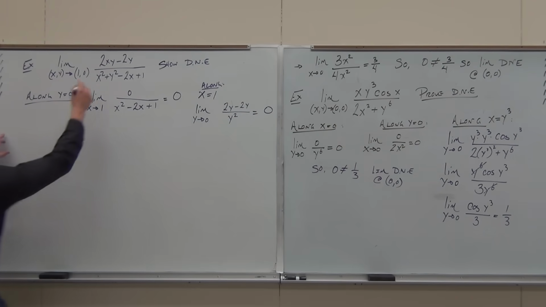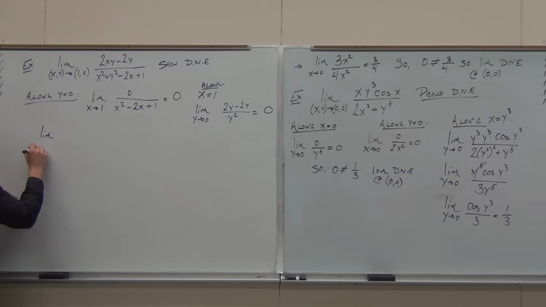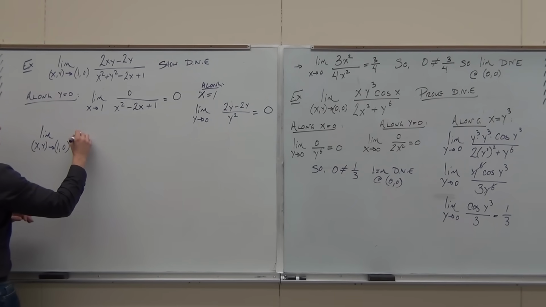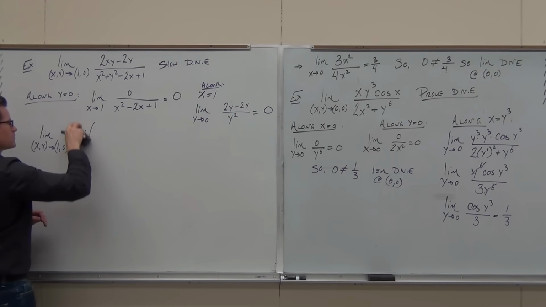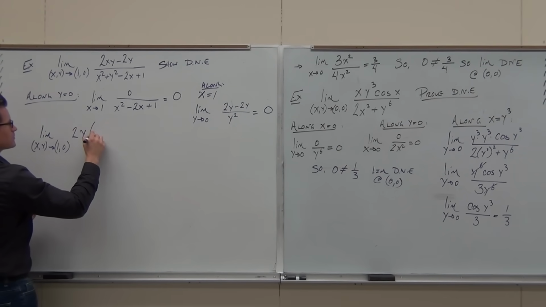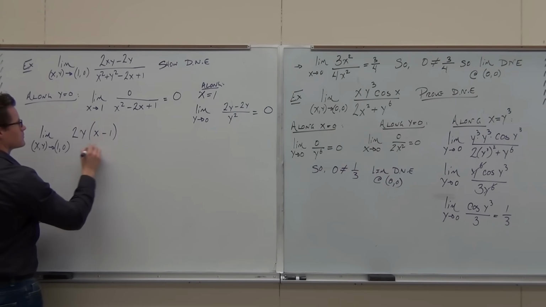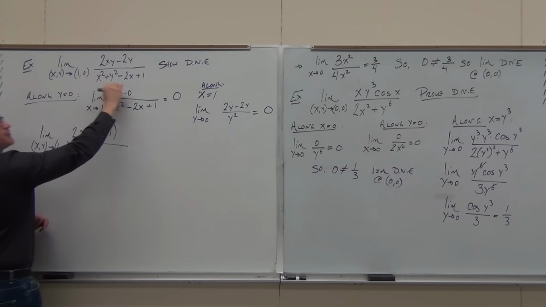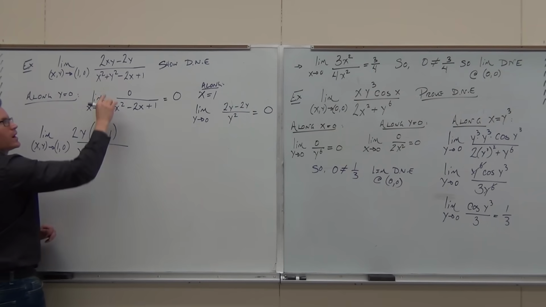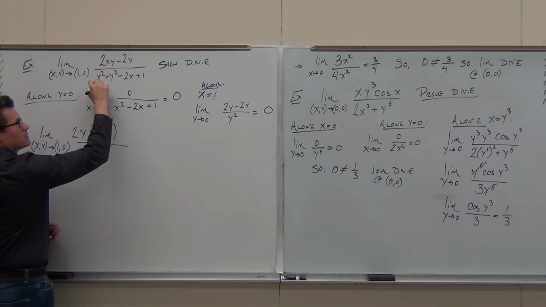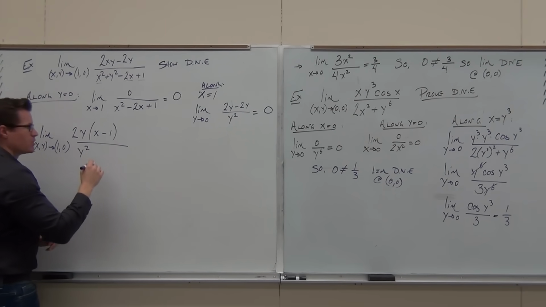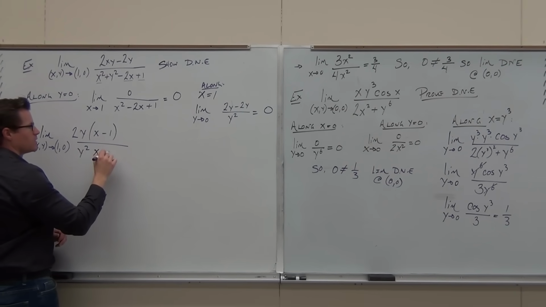For instance, if I factor this, pull out the y squared, but notice how x squared minus 2x plus 1 is still here. That's a perfect square trinomial. In fact, it's x minus 1 squared.